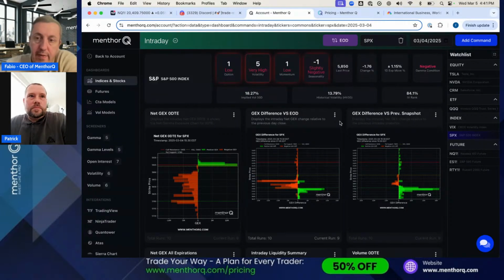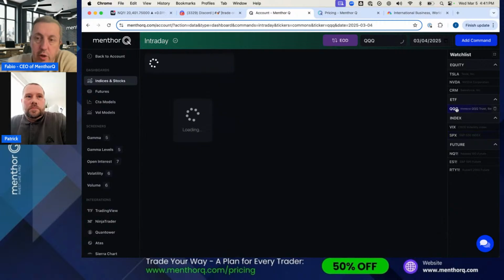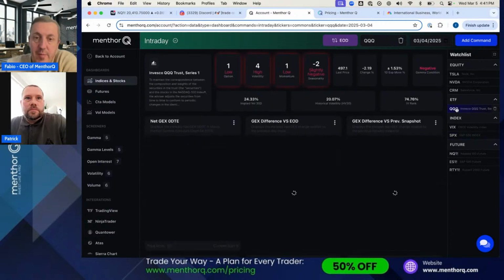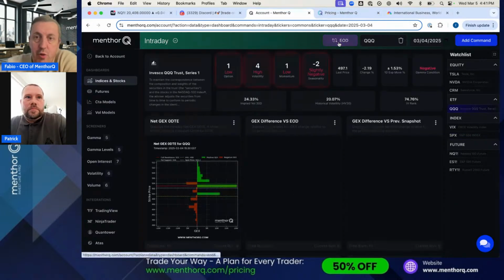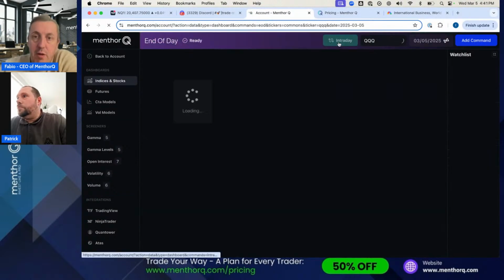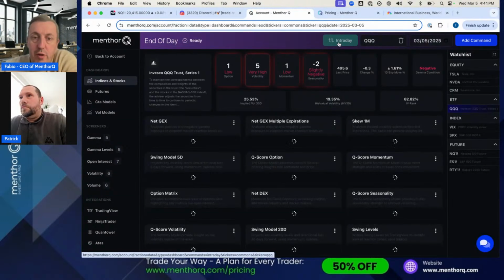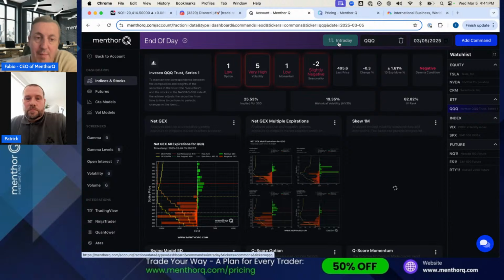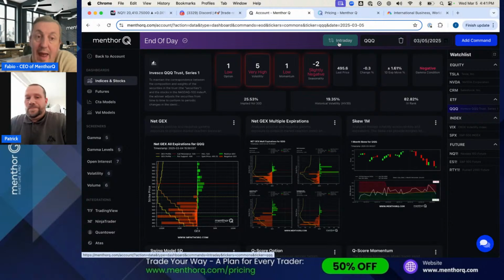If you look at the option chain on QQQ versus NDX, let's go to our end of day, for example, the amount of gamma available for QQQ and NDX. QQQ has much more gamma because it's an asset widely traded by institutions, by retail investors, by 401k plans.